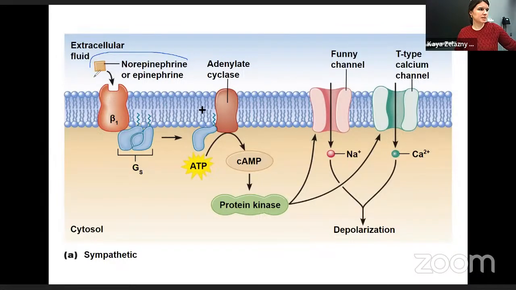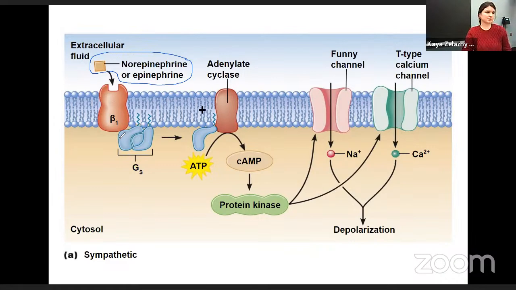Our neurotransmitter here is norepinephrine or epinephrine, either of them combining with this beta-1 adrenergic receptor. Here we see that neurotransmitter coming out directly from our sympathetic nerve, binding to this beta-1 adrenergic receptor.